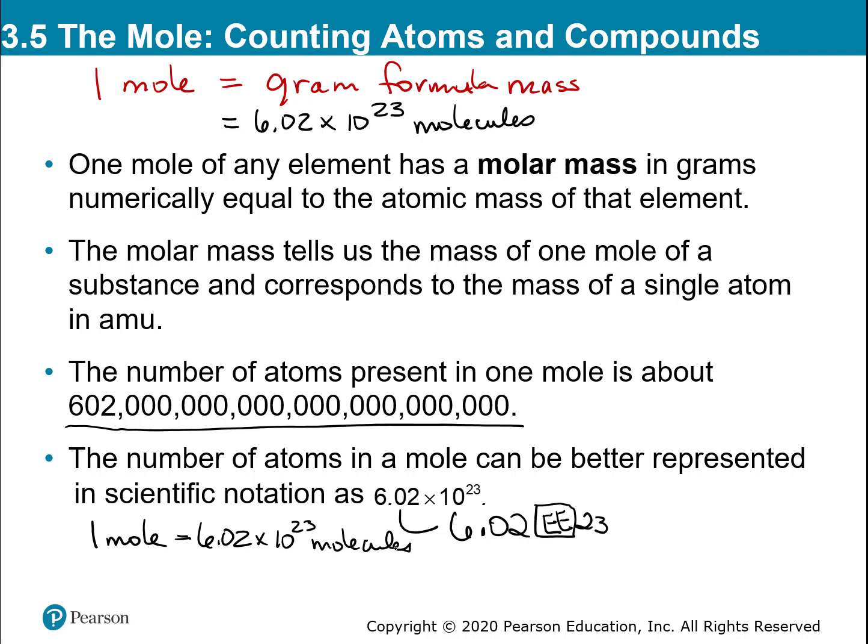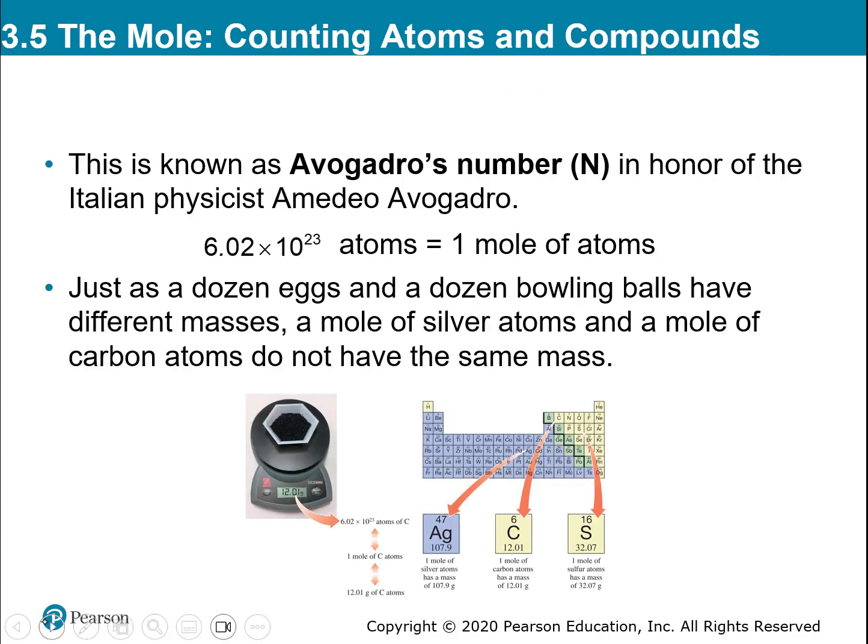So I could substitute anything in there. I could say 1 mole of water would be 6.02 times 10 to the 23rd molecules. 1 mole of sulfuric acid, H2SO4, is 6.02 times 10 to the 23rd. So this is kind of like a unit conversion. That's his name, Avogadro. He is the one that did all these measurements, and they actually named the number after him.